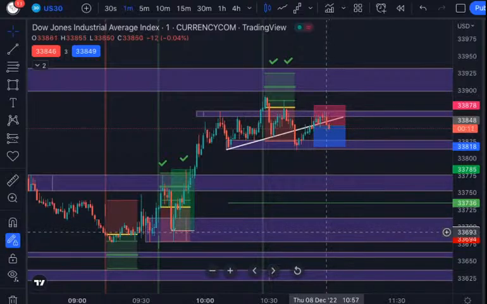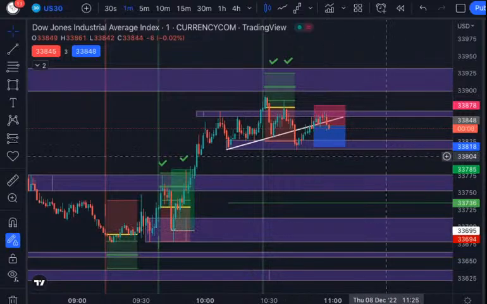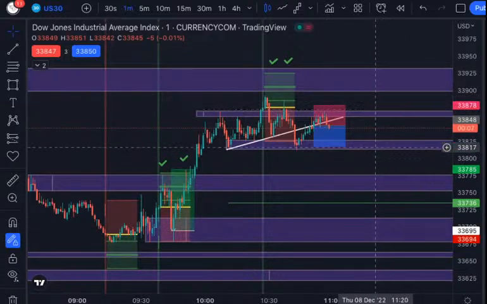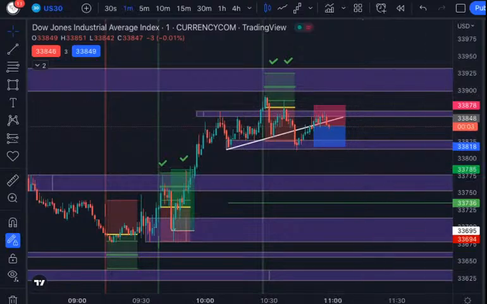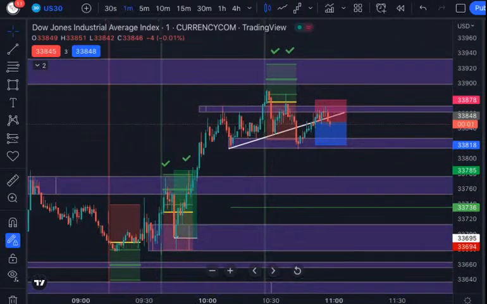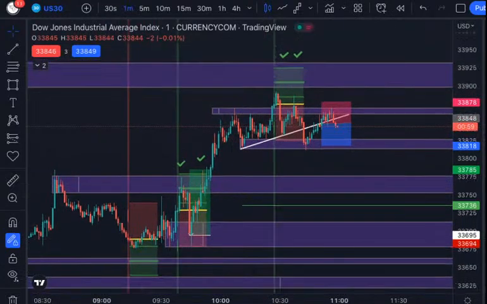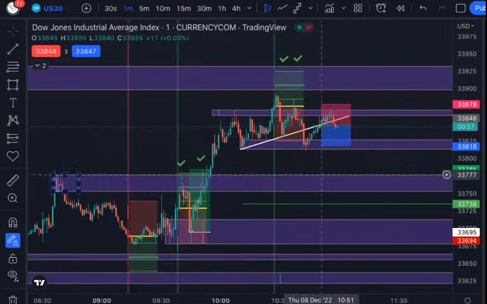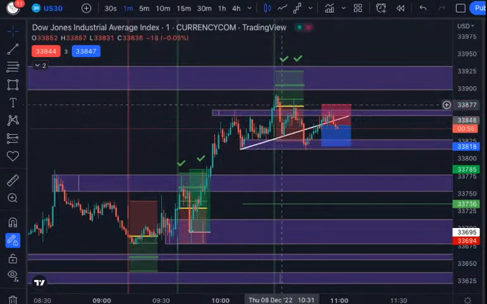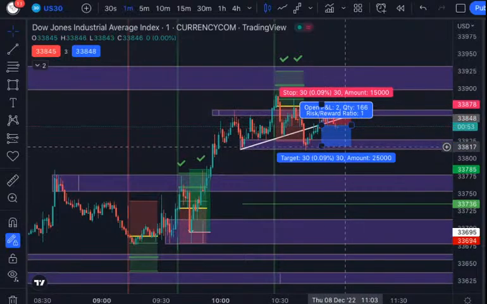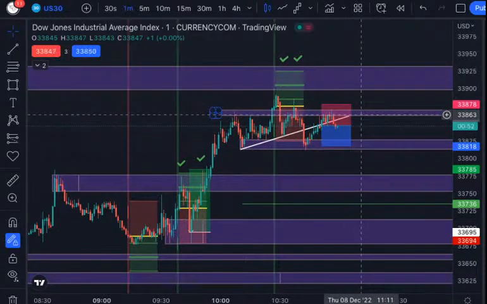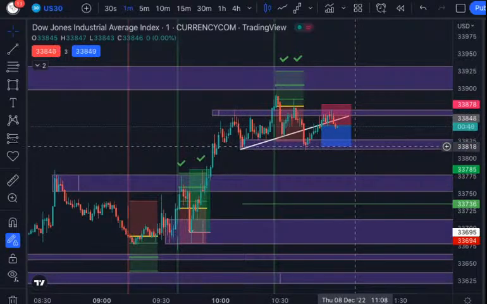But that 1-to-1 is easily within the range, so it could easily hit this 1-to-1 and then pop right back up. So again, you gotta constantly adjust and adapt, right? I'm noticing this range right here. If it comes down, it could easily pop back up. So I'm thinking about closing out my position for my 1-to-1, right?